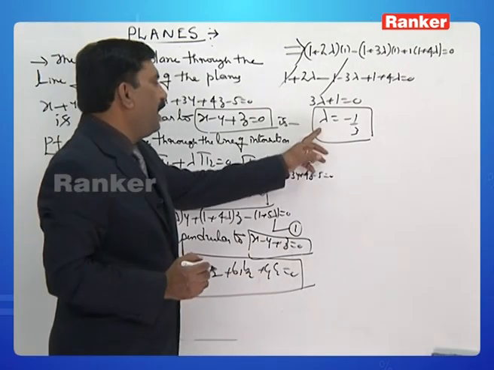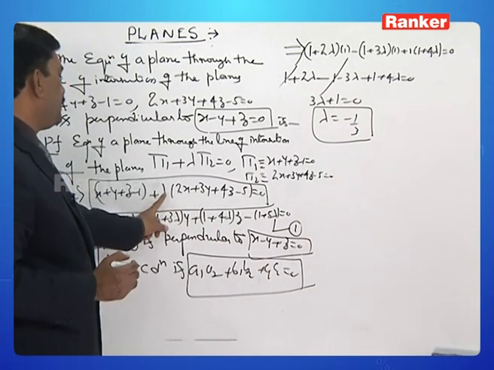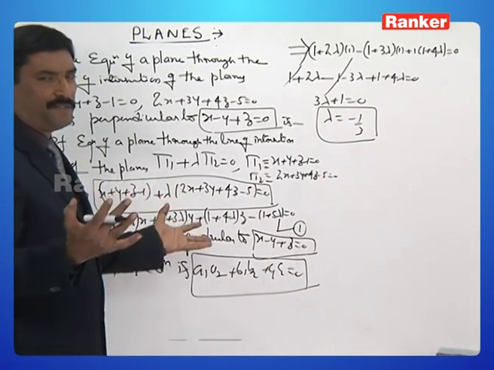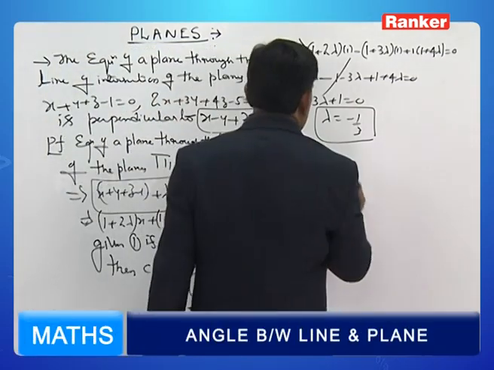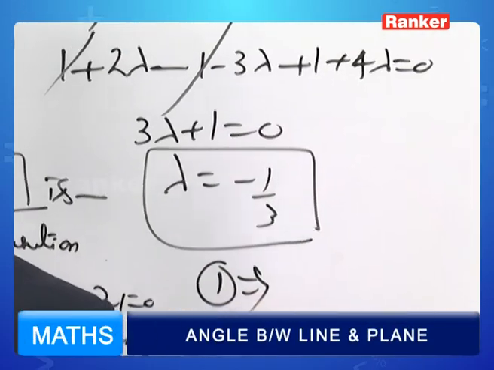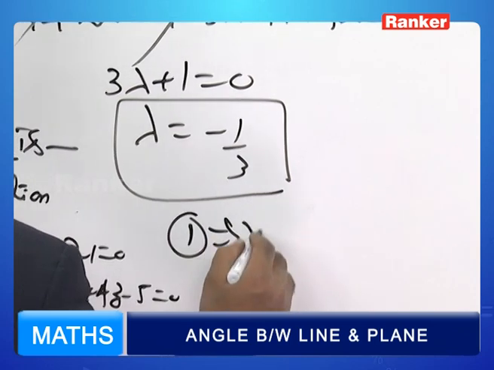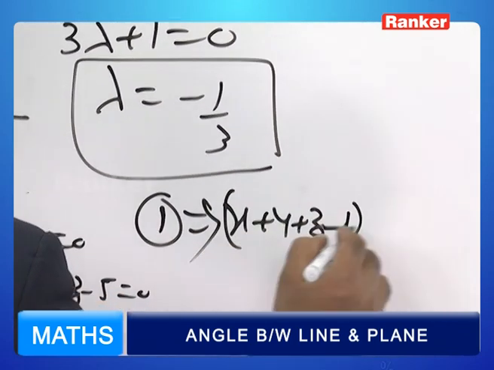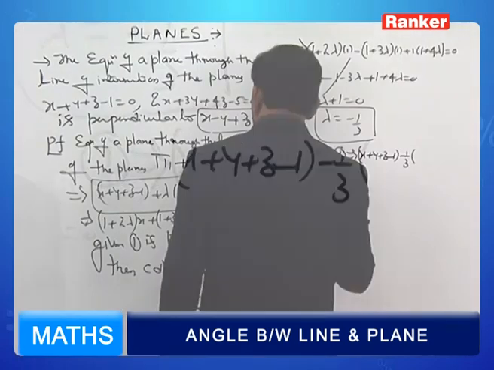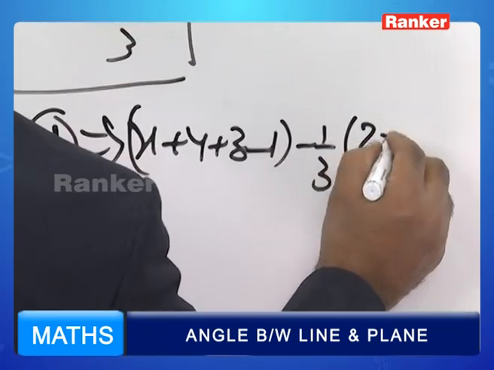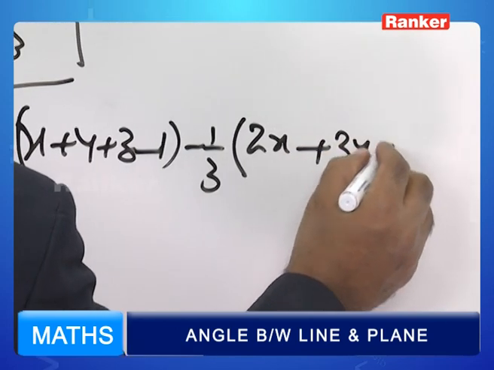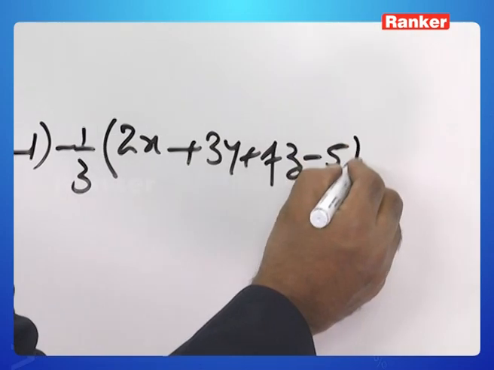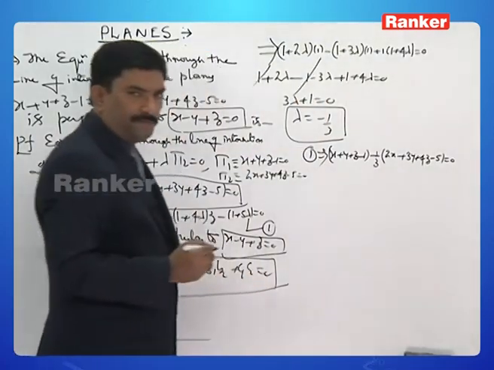Take this value of lambda and substitute it either here or here as you please. So I can write x plus y plus z minus 1 by 3 into (2x plus 3y plus 4z minus 5) is equal to 0.